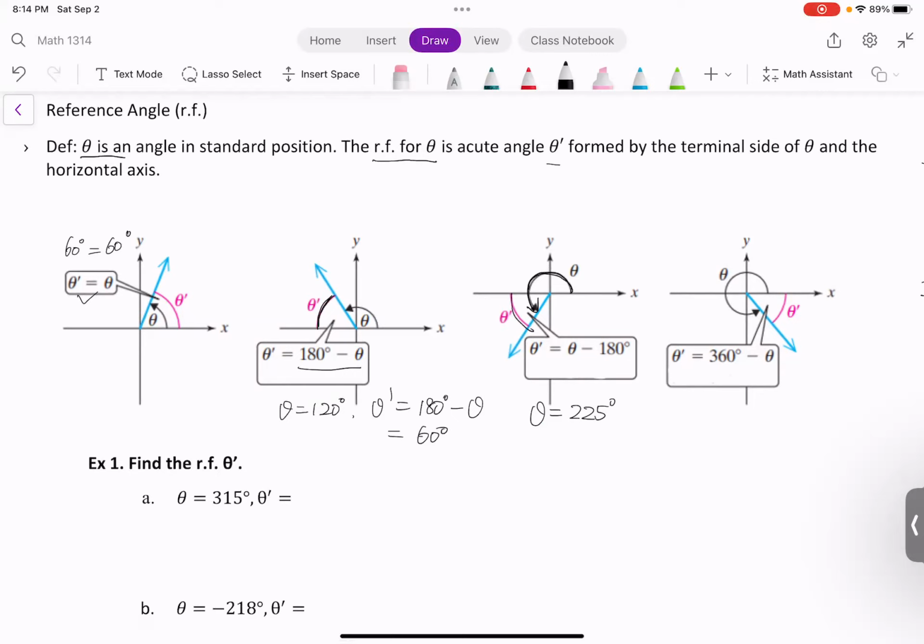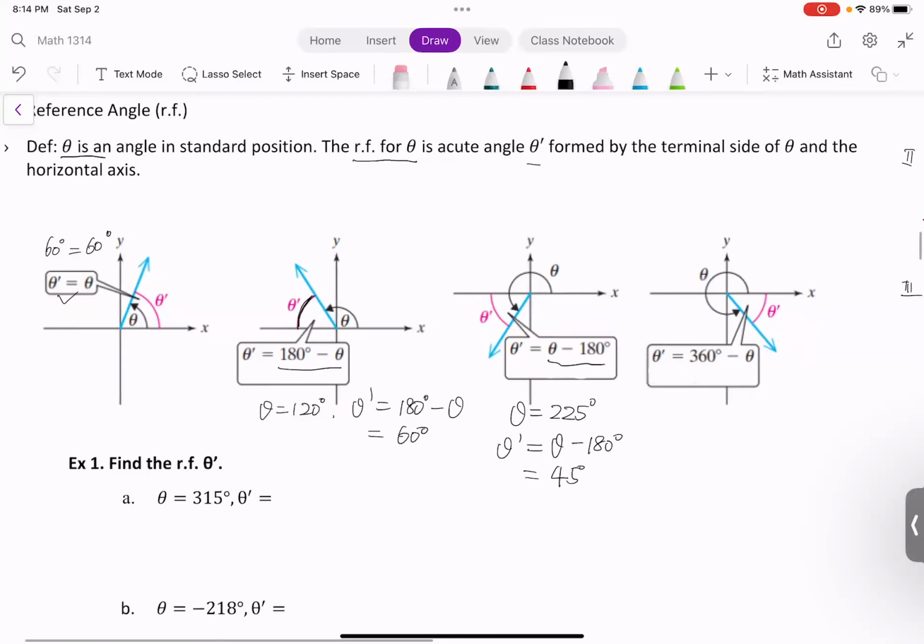We can use theta minus 180. That's the reference angle theta prime equals 45. So theta is 225, and we use theta minus 180 degrees, which is 45 degrees.